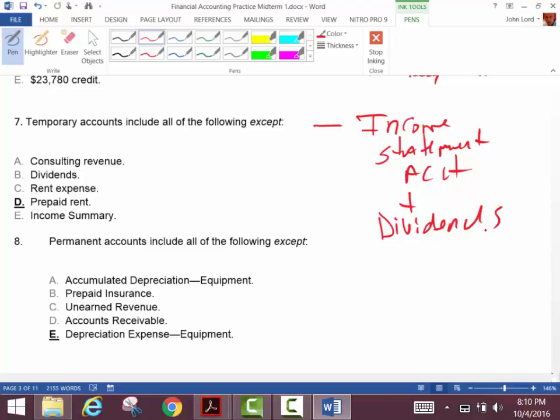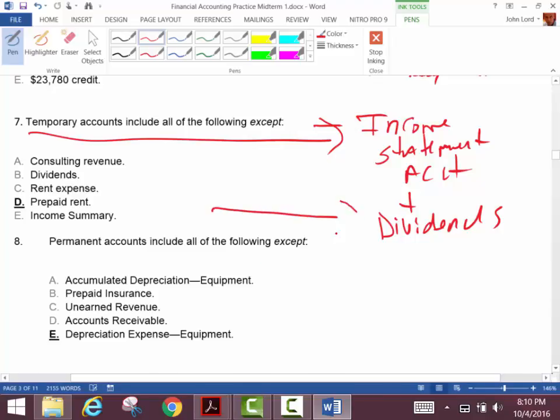But temporary accounts are those that go back to zero at the end of the accounting period. Those are our income statement accounts and our dividend account, right? Those are considered temporary. Income summary also goes back to zero as well.